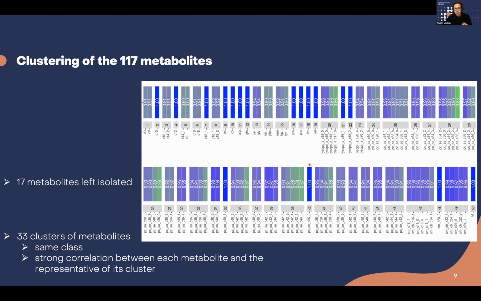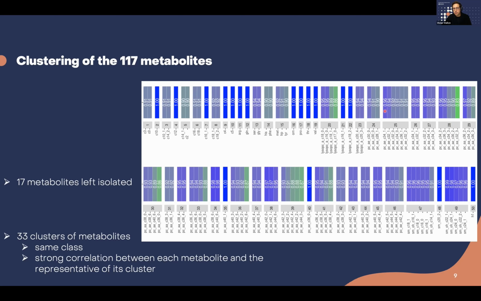Moreover, once we have these clusters, what we can do is construct what we call representatives of the clusters, which are simply defined as weighted averages of the metabolites that comprise that cluster. And what we observed here is that the correlation between the cluster representatives and each metabolite that comprised the cluster were all very large. They were always larger than 0.83, and in general, they were even larger than 0.9.